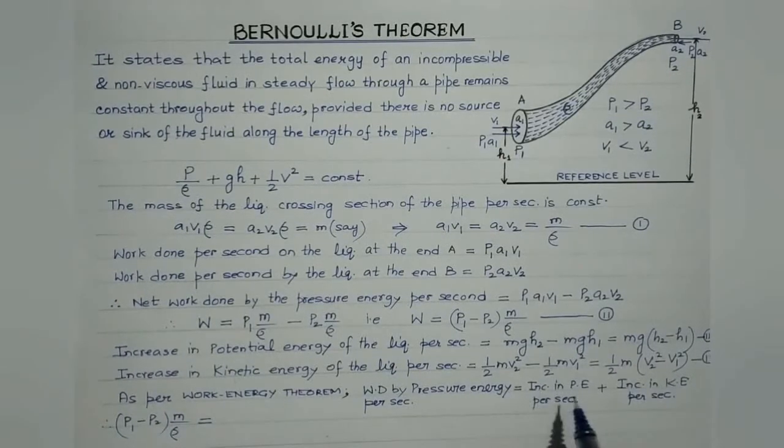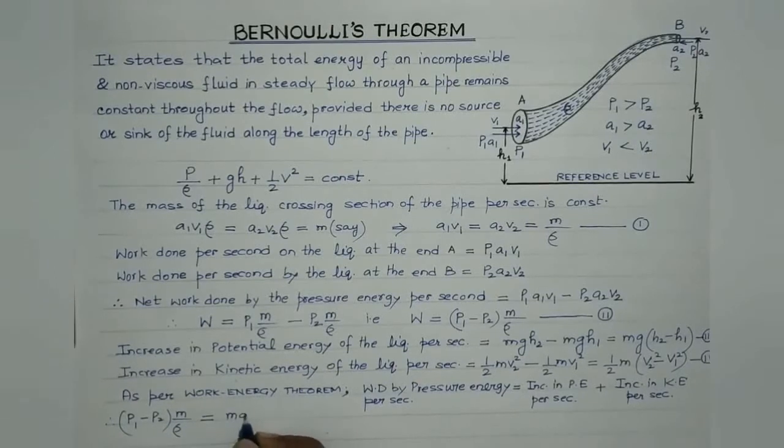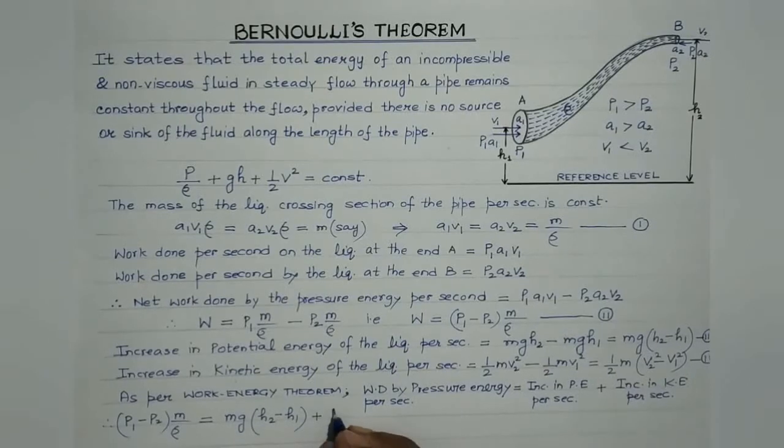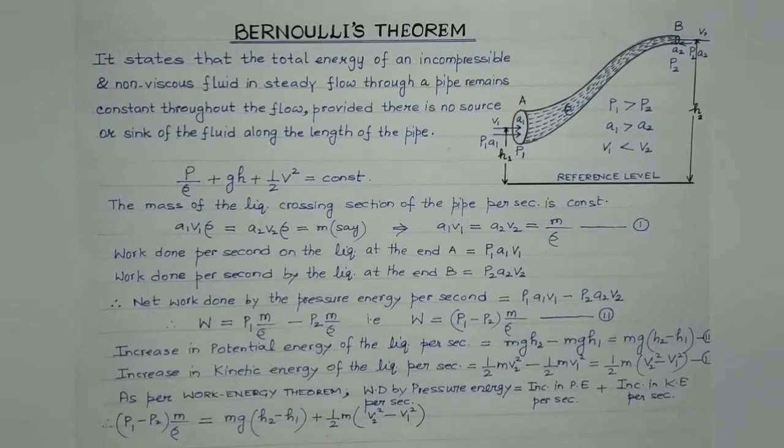And it is equal to increase in the potential energy per second, substituted from equation 3, which is mg(h2 minus h1), plus the increase in the kinetic energy per second, substituted from equation 4, which is half m (v2 square minus v1 square), right? So students, m is common, it will get cancelled out.